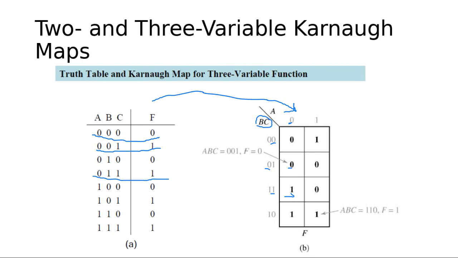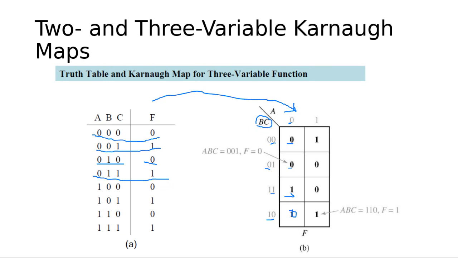And 0, 1, 0 means 0. There's a mistake. It must be 0. There is a mistake about that.